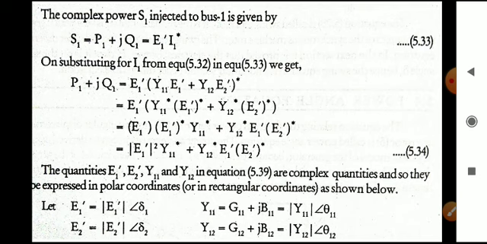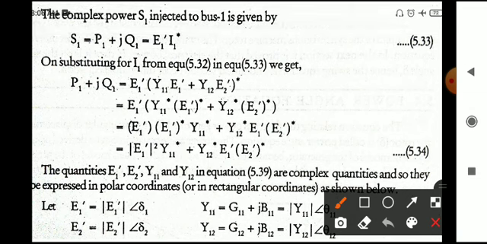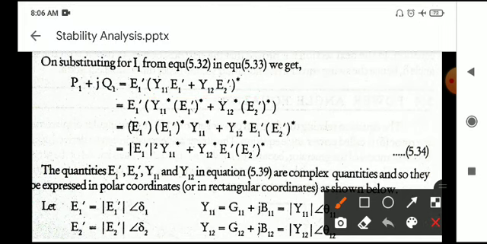P1 plus jQ1 equals E1 dash into Y11 E1 dash plus Y12 E2 dash, all conjugated.